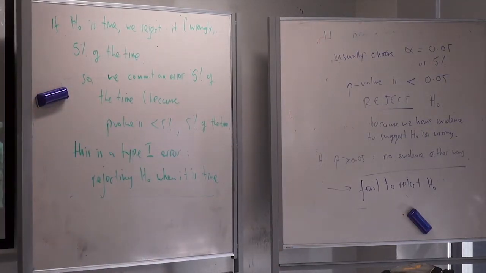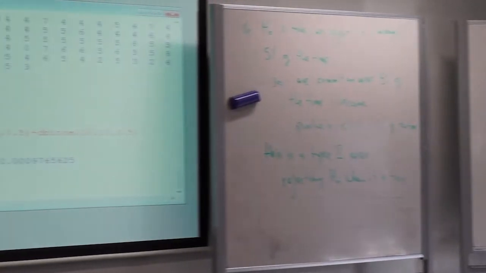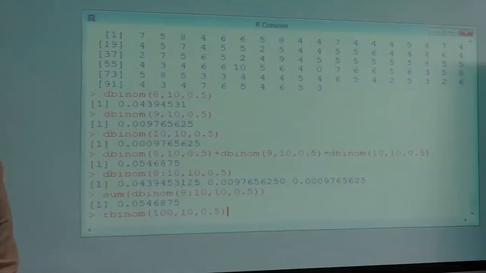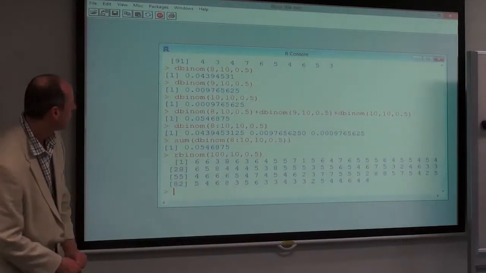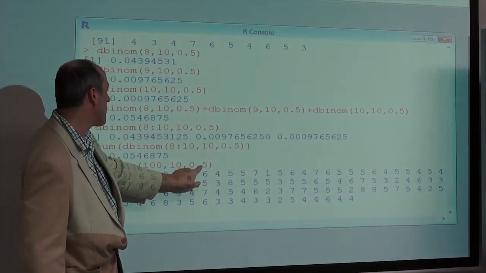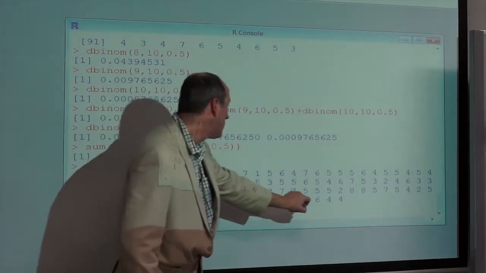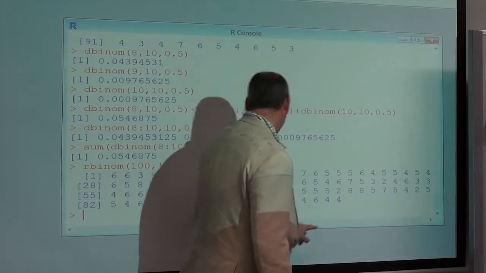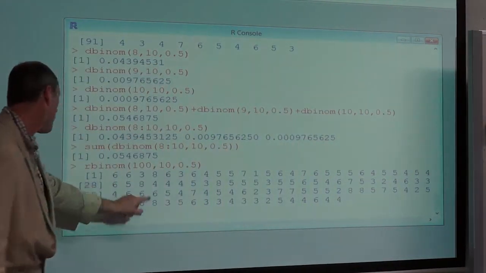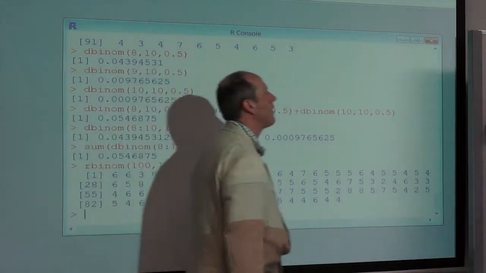And if I go back to my R simulation here, we've got a world. In this world, we've got 10 games. Probability of a home win is 0.5. We reject it there and maybe elsewhere. There's no 9s in there unless I've missed them. We reject it about 5% of the time.